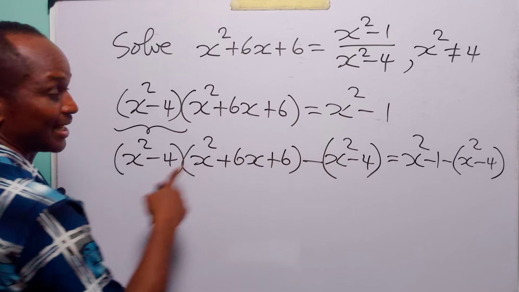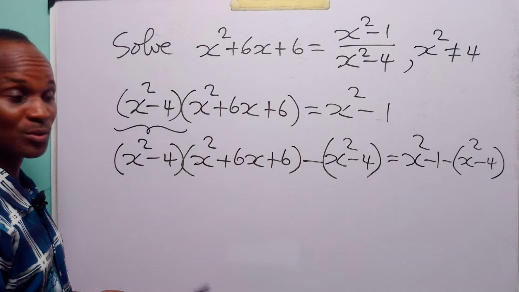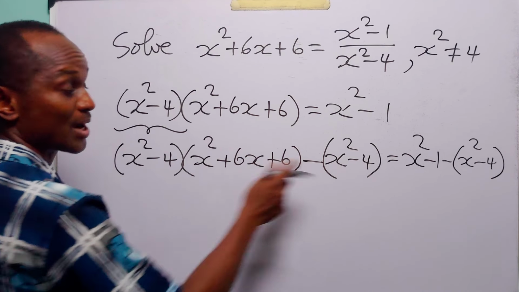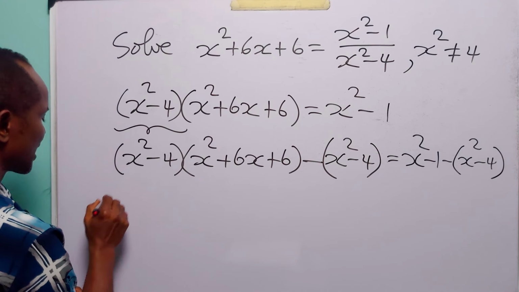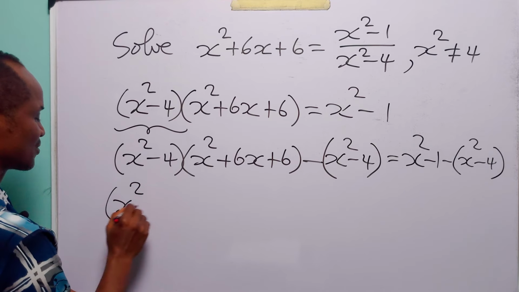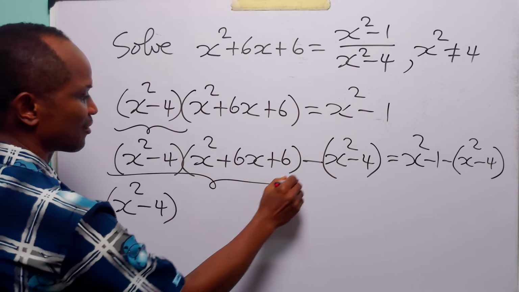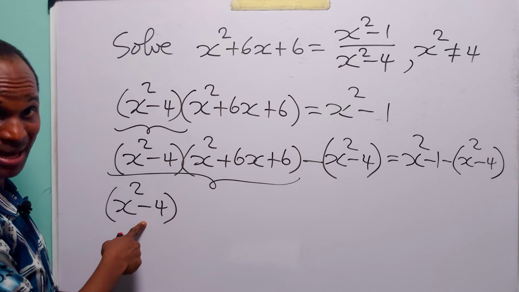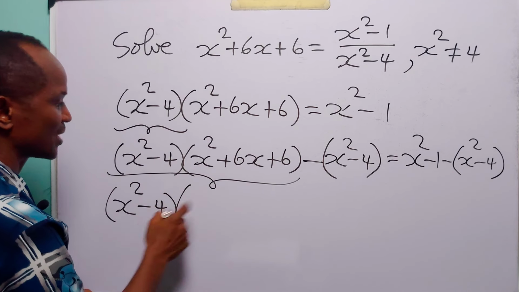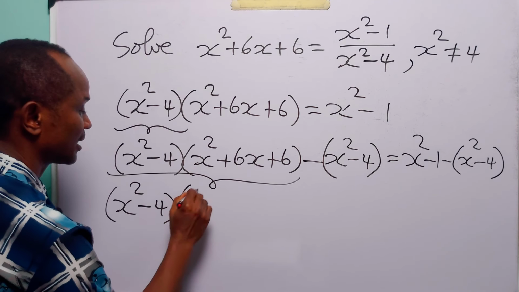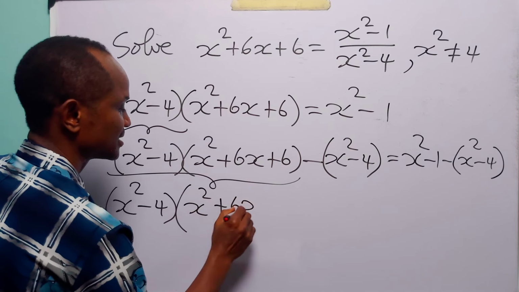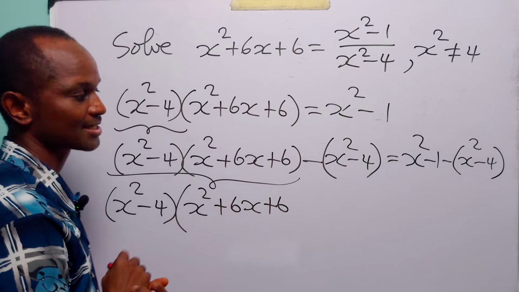Now, when you look at the left-hand side of this equation, you will see that we can factorize x squared minus 4. So we have (x squared minus 4). Now, when you divide this quantity by x squared minus 4, of course, you know that we are going to be left with x squared plus 6x plus 6.